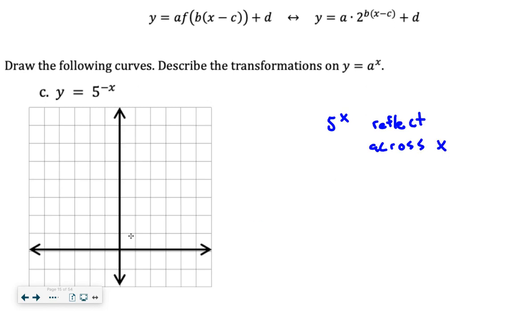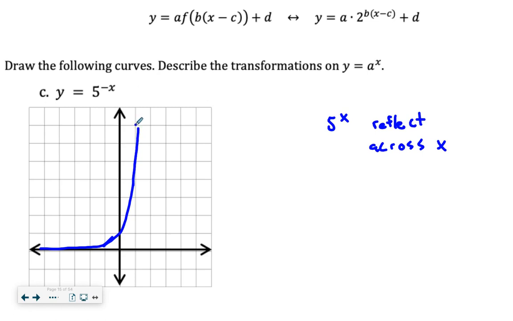So for 5 to the x, I guess my axis should be up a little bit to make this a decent graph, but 5 to the x, I'll draw that first, would do something like this. It'd be a pretty steep curve. So again, I'm graphing 5 to the x, not 5 to the negative x.